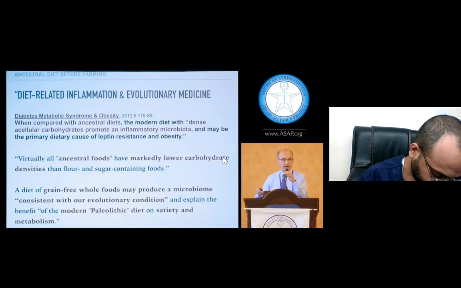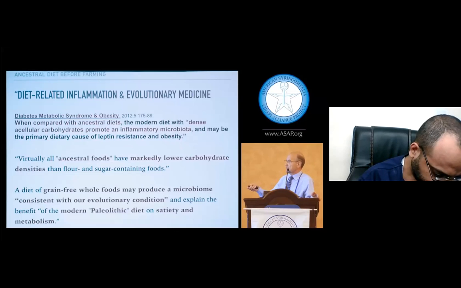Now, you might say this is all out in the public and a fad. But we've got a journal like Diabetes, Metabolic Syndrome, and Obesity saying that when compared to ancestral diets, the modern diet with dense acellular carbohydrates promotes an inflammatory microbiome and may be the primary cause for obesity in particular.